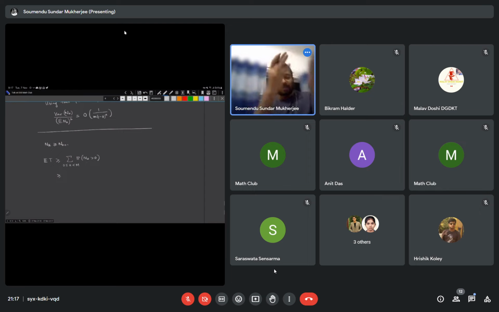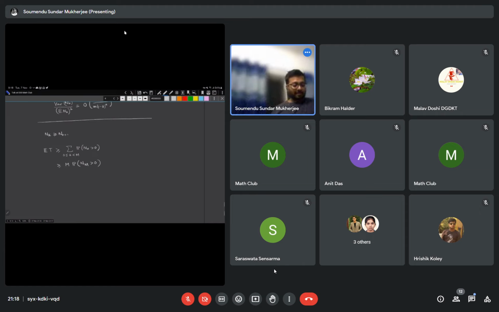Initially they are closer to one than in later stages. So we can just use this form. So this is at least m times the probability in the last one, that nm is bigger than 0. If you can show that this has the right order of magnitude, that would be good.